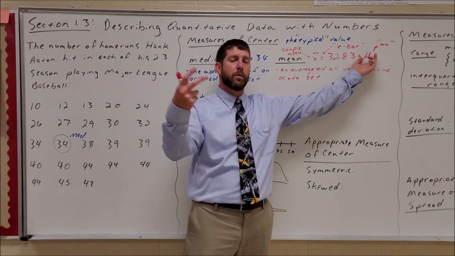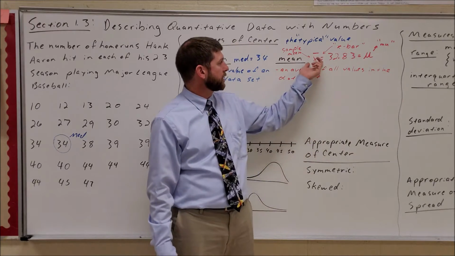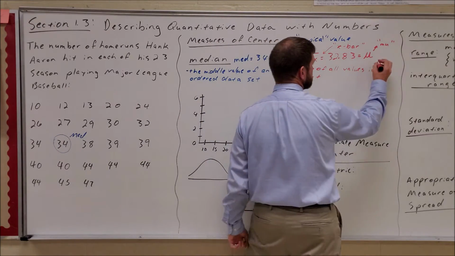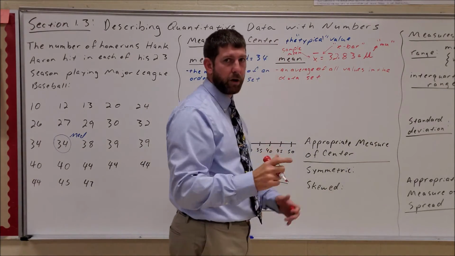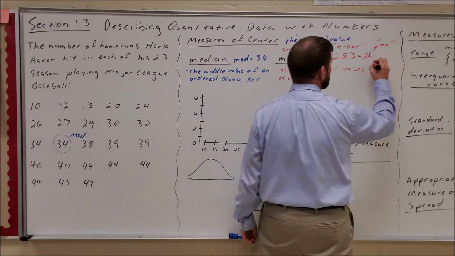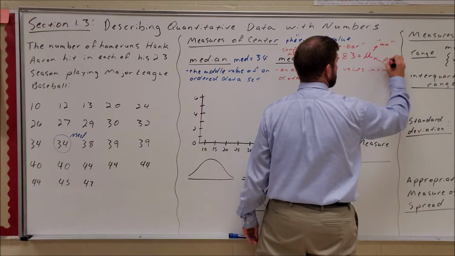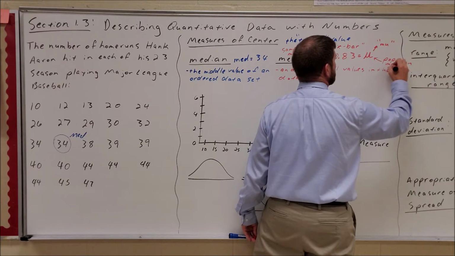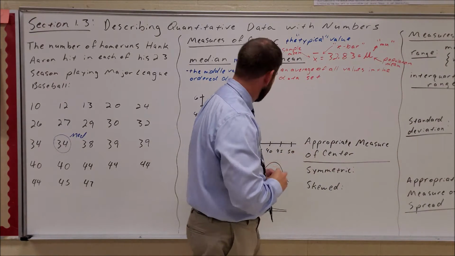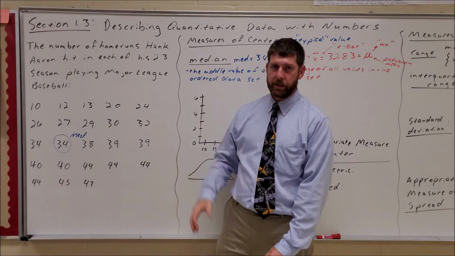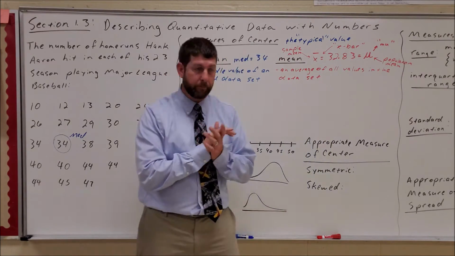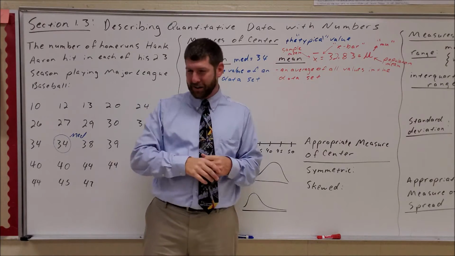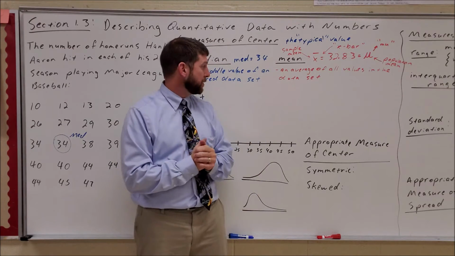Again, it lets people know where you got your information from. If you're talking about only a sample, you're going to use X bar. The calculator only does the X bar because they're calculated the exact same way. So this is if we have population mean. Median, it's just median. We don't care whether it came from a sample or population.